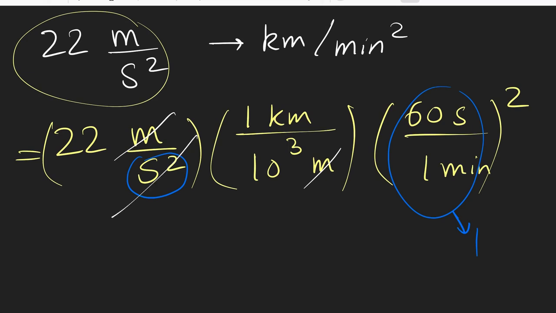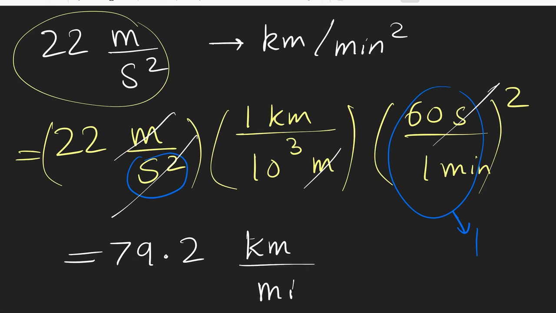Second squared cancels second squared, and what remains is 79.2. What remains is this one, kilometer, and the denominator is minute squared because I have a factor of 2 here.